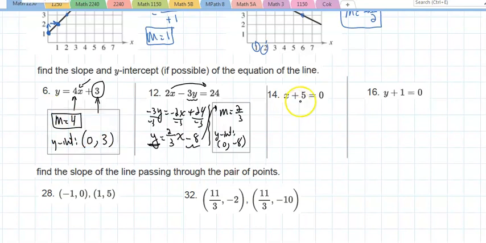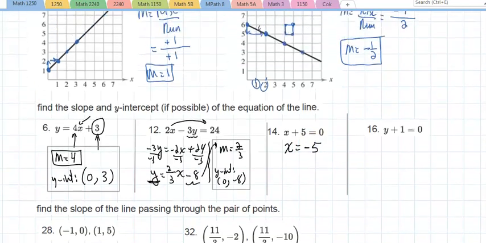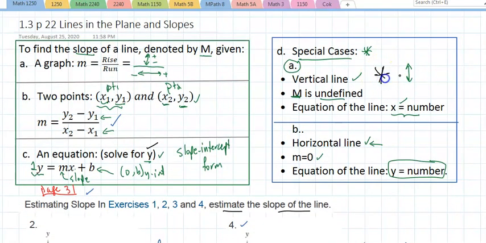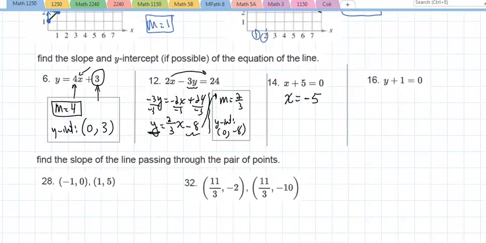Alright, and if I look at this problem, x plus 5 equals 0. If I solve, well, there's no y to solve for. X equal negative 5. I recognize that this is a special case. How do I know that? X equal a number. What's the slope? The slope is undefined.